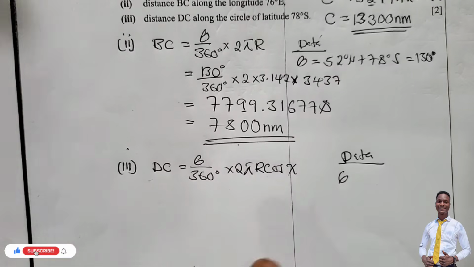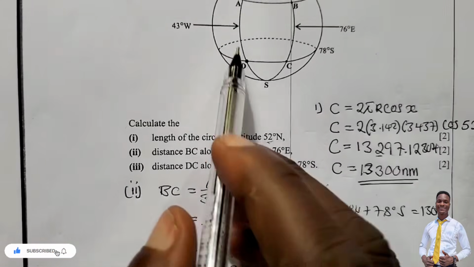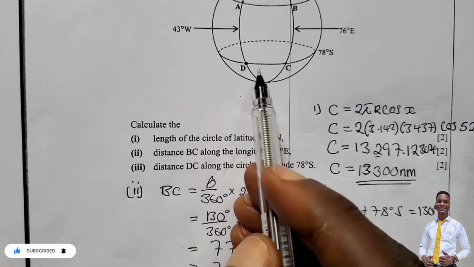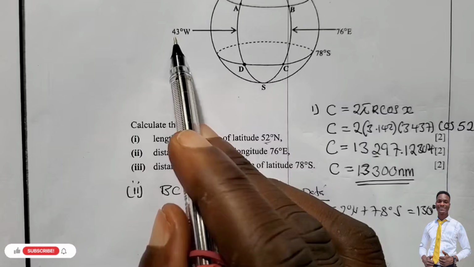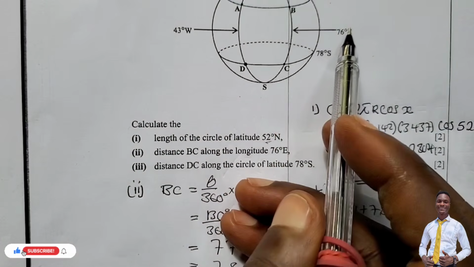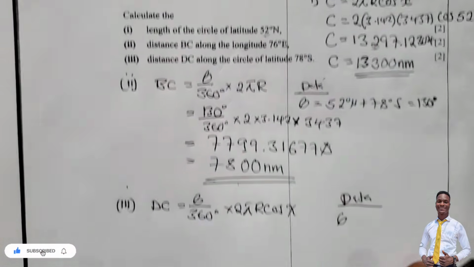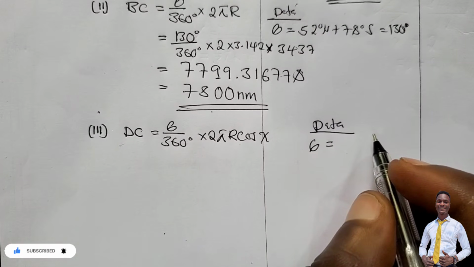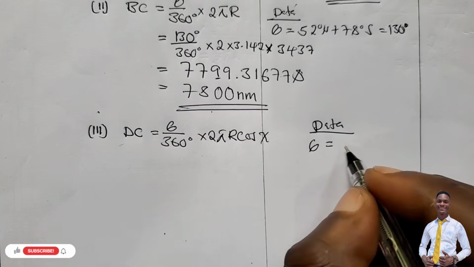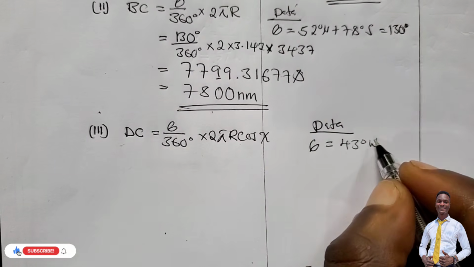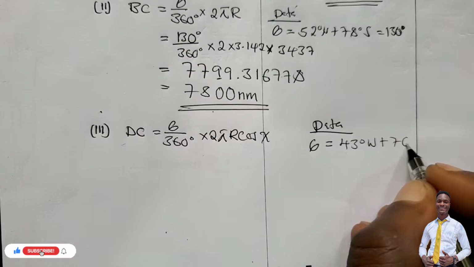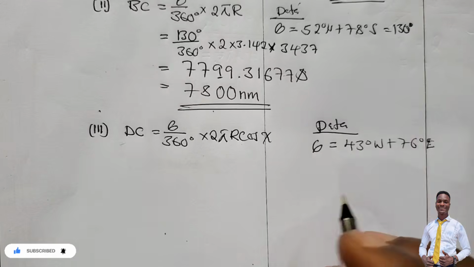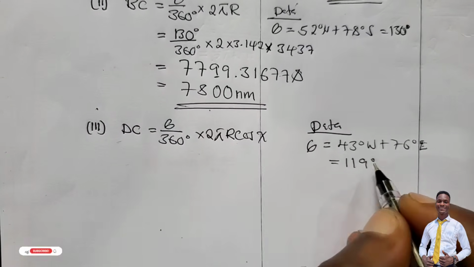Since we're calculating distance along the circle of latitude, theta is the difference in longitude between D and C. D is on 43 degrees west, C is on 76 degrees east, so we add: 43 degrees west plus 76 degrees east gives 119 degrees.